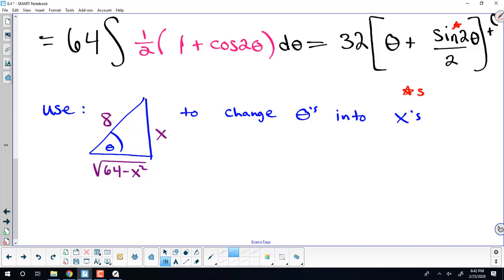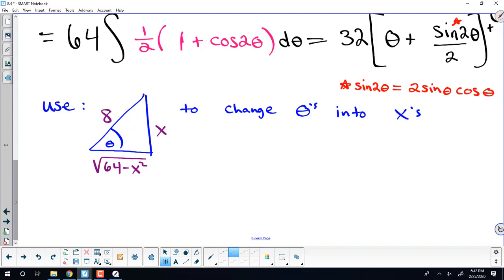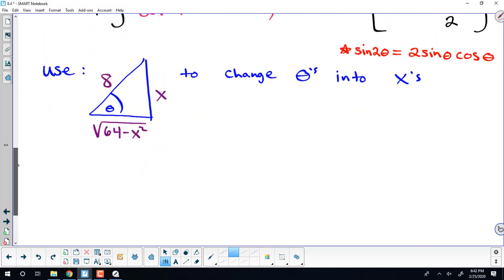Sine of 2 theta is 2 sine cosine. And then that way our arguments are thetas and we can reference this triangle. Sometimes you need a little bit more work before you just jump into that triangle.